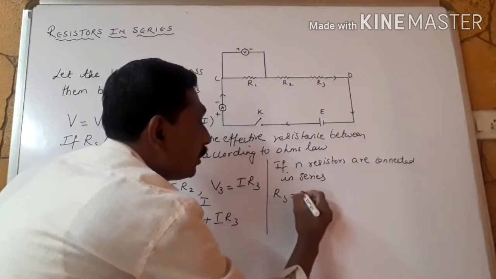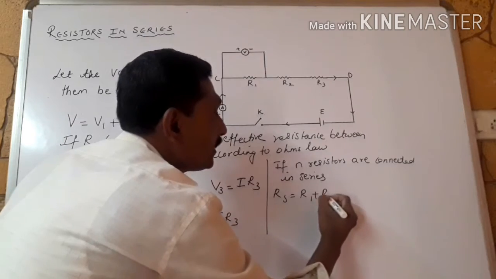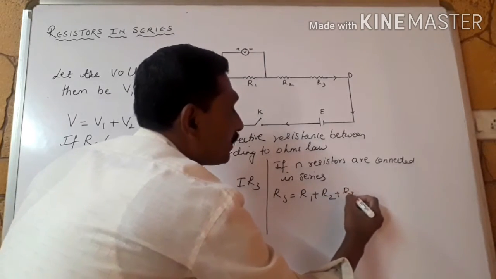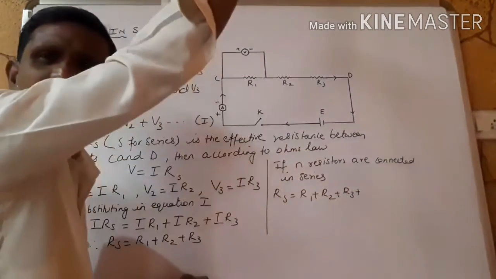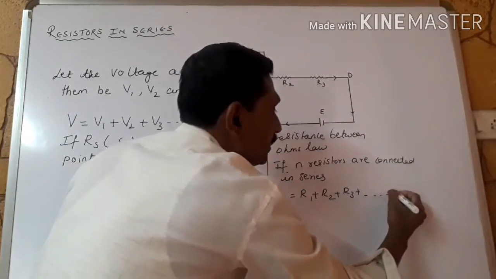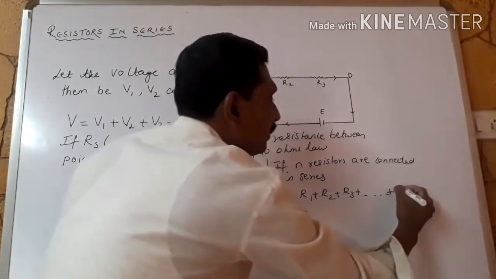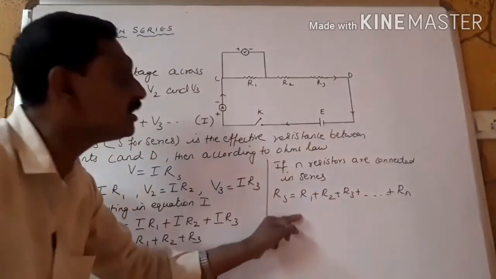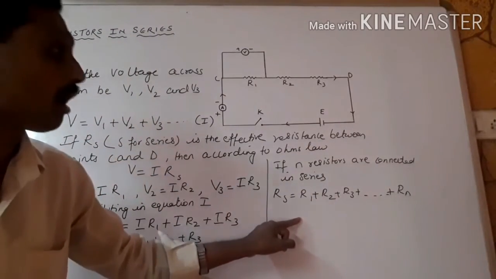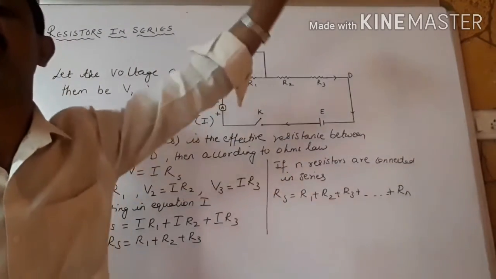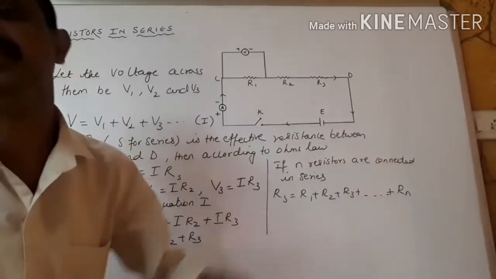RS is equal to R1 plus R2 plus R3 plus dash dash dash plus Rn. This gives me the effective resistance of the resistors which are connected in series.